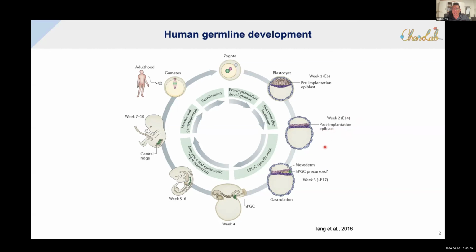After specification, PGCs will migrate and meet their somatic partners to form the gonad, and eventually they will form the mature gametes, sperm and egg, and the fertilization of the egg by the sperm will start a new life again to complete the life cycle.